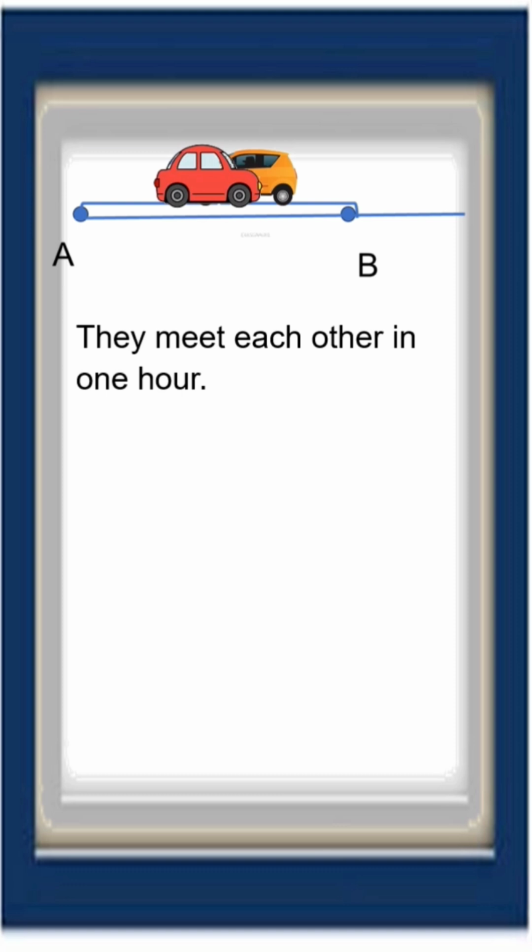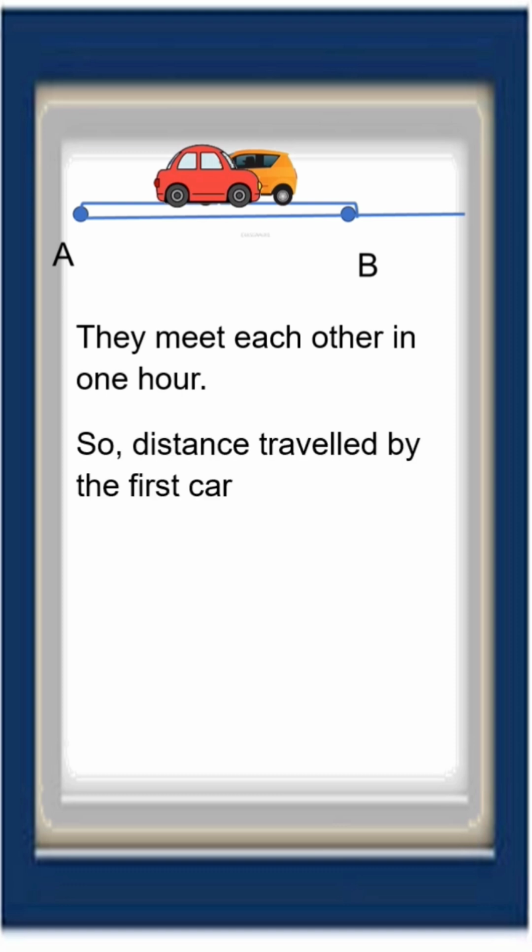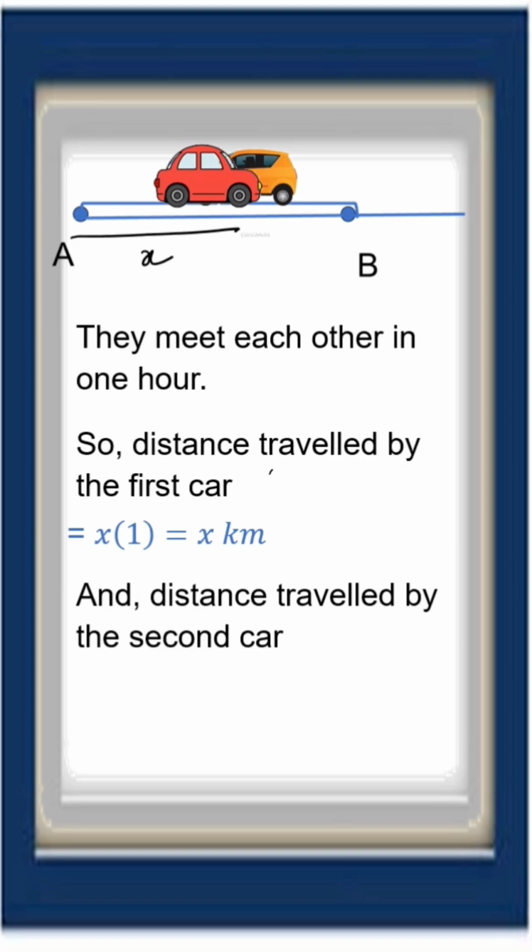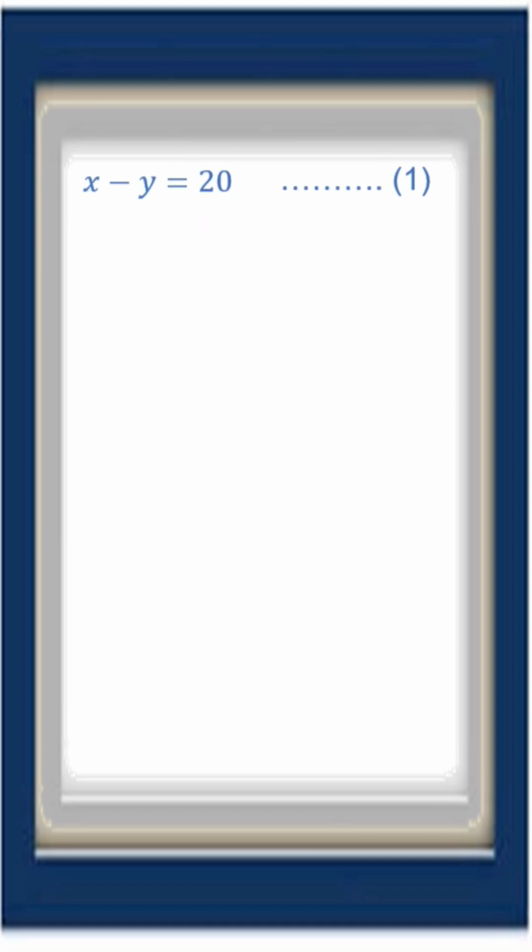So the distance traveled by the first car is 1 into x, that is x kilometer, and the distance traveled by the second car is y kilometer. From here you can understand that x plus y is equal to 180 kilometer.